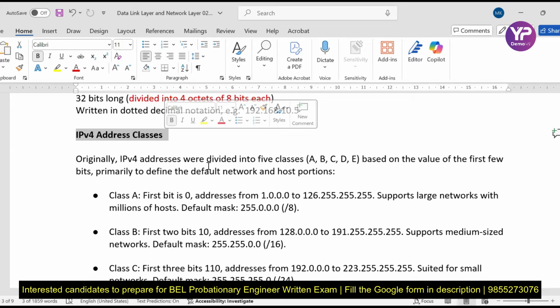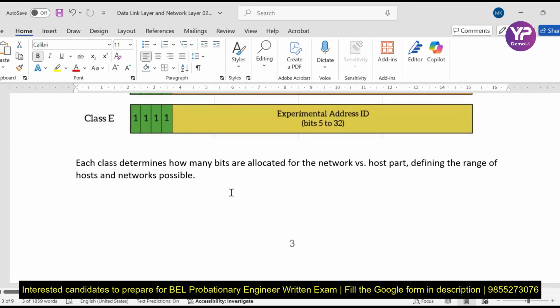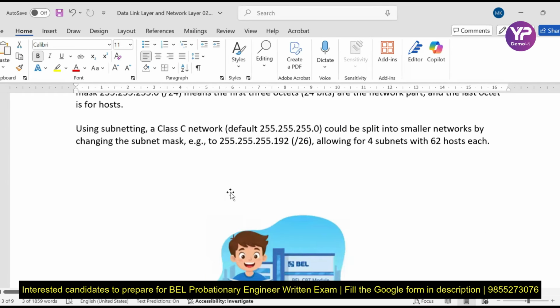The rest of the IPs for that particular network are wasted. So there is a lot of wastage, and sometimes IPs are not sufficient. That's why at the initial time they divided the address space into classes, but then they removed the concept of classes. Right now we are not using classes. Maybe we will discuss it tomorrow.